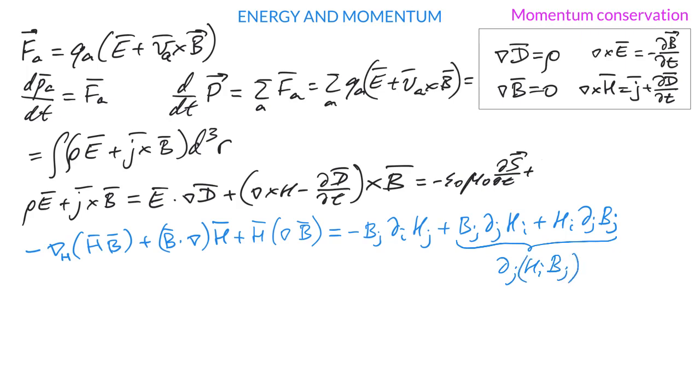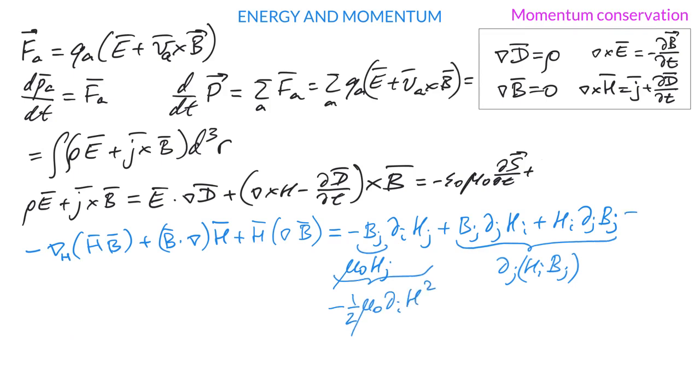We can also use the fact that we're working with fields in vacuum, so that B is equal to mu naught H. So in the first term here, we can substitute mu naught Hj for Bj, and then this whole term here can be written as negative 1/2 mu naught del i H squared.